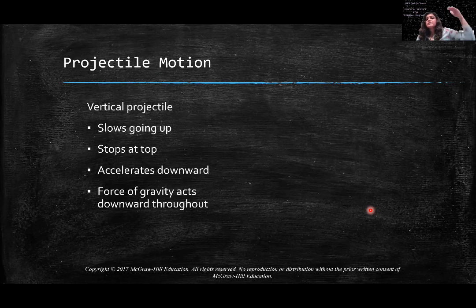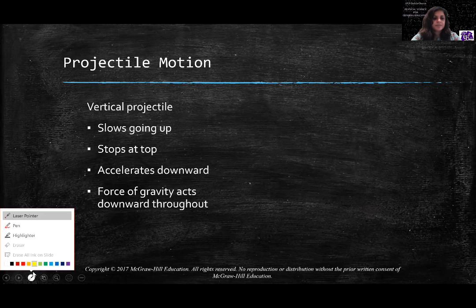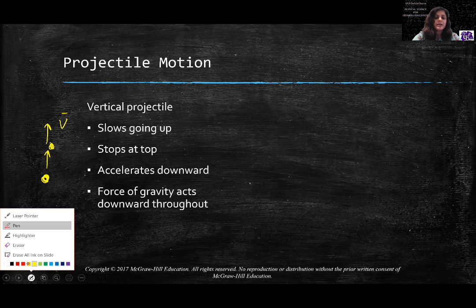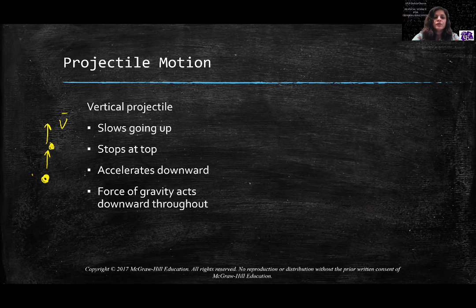And the reason why it stops is because as it's moving upwards, and there's our velocity upwards, we have all the time acting on us the force due to gravity. So acceleration is always towards the earth. It's always pulling it down.